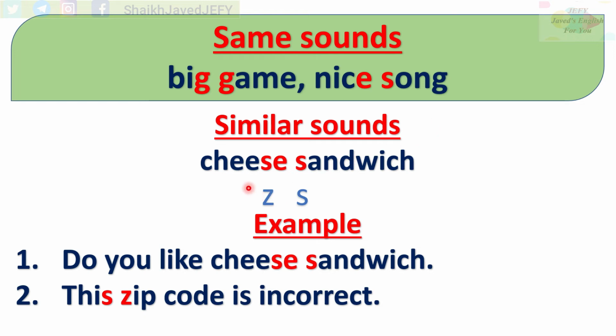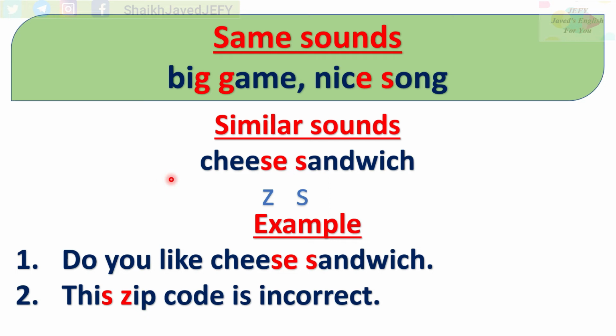Like cheese ends in z and sandwich begins with s. Z and s, they are not the same sounds. Okay? Z and s are not the same sounds, but they are similar sounds. So as a rule in English language, you can actually link similar sounds.